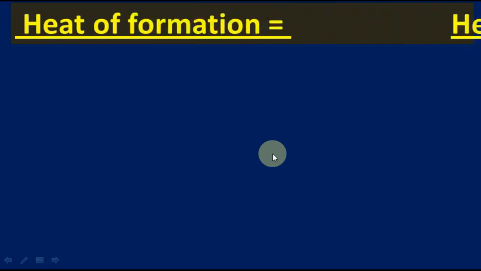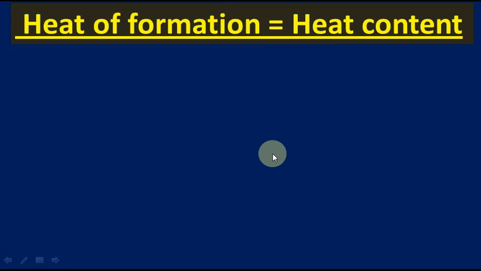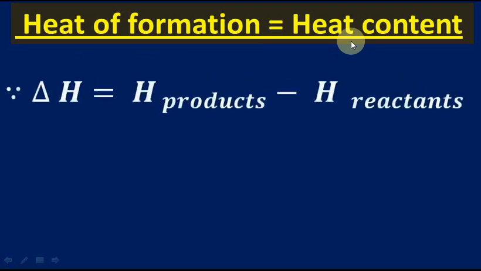Heat of formation equals heat content. The heat content of any matter equals its heat of formation, because heat content is the sum of energies in the compound. So delta H equals H of products minus H of reactants. Heat content of products minus heat content of reactants: final minus initial.